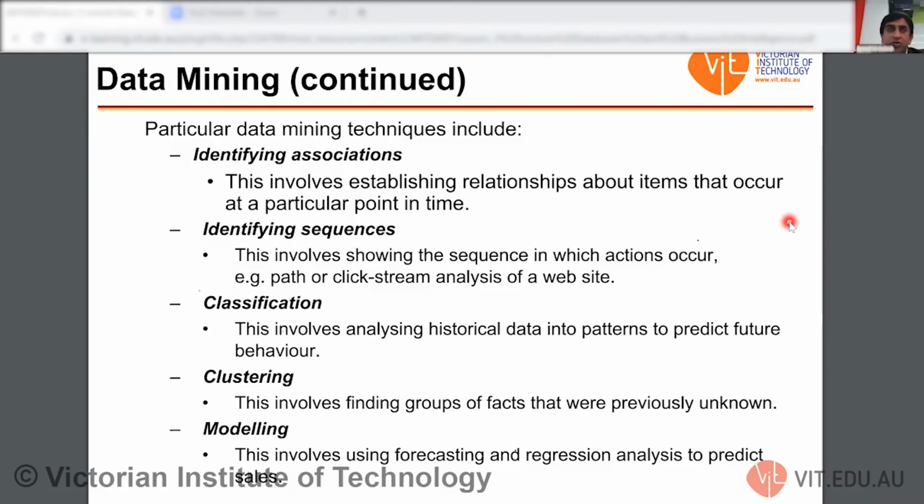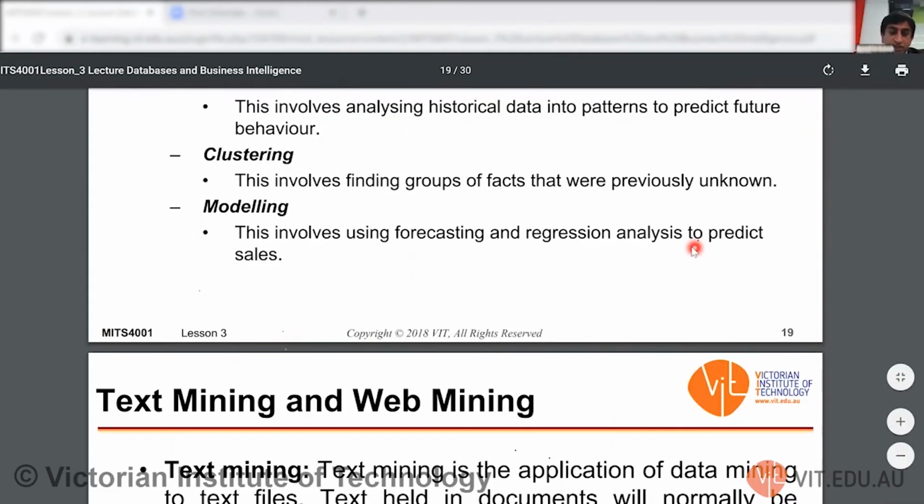Based on that requirement, the organization could benefit and target a specific group of customers. Modeling involves forecasting and regression in order to predict sales in the future.